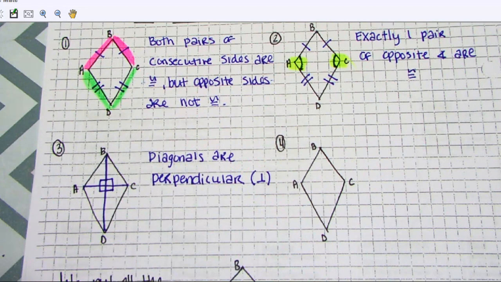That's the same for a rhombus. We learned that on the flow chart. And it's also the same for a square. So they'll always make 90 degrees.